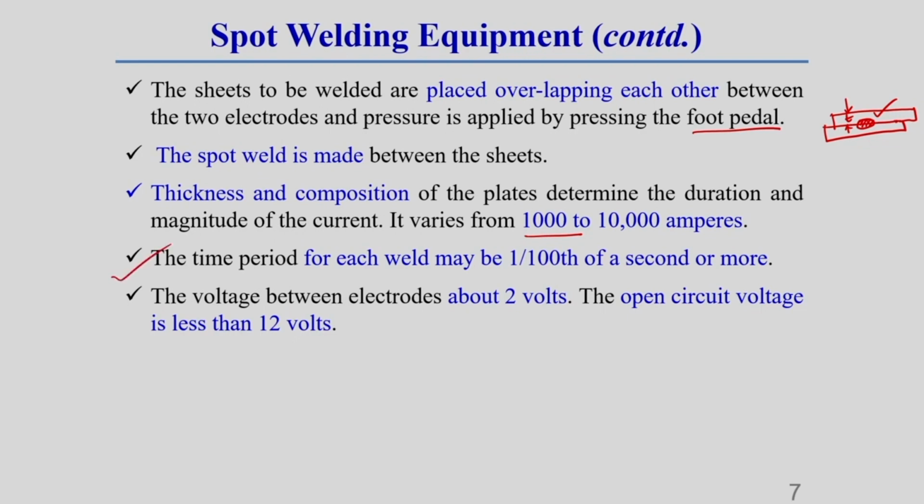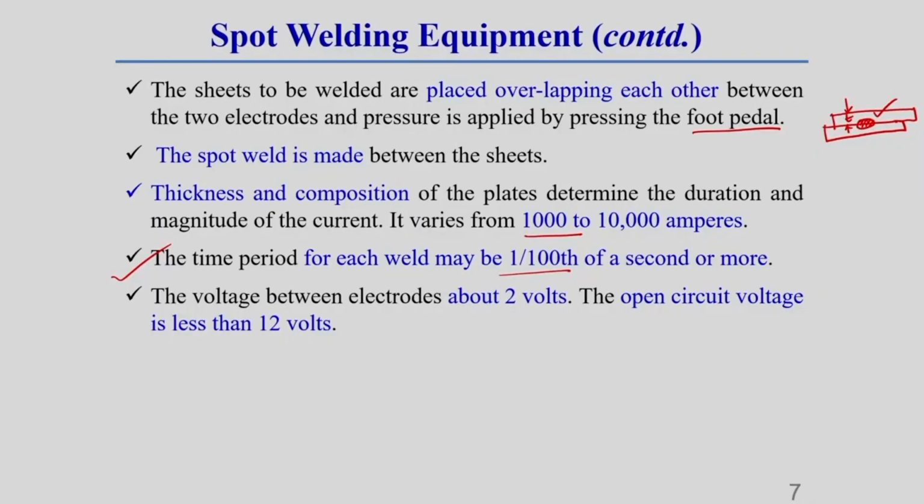And here the time period is a very critical part of the resistance spot welding process, because the higher the time, the more heat generation, as I have already shown you with Ohm's law how time affects heat generation. Generally the time used can vary from 1/100 of a second to more than that. And the voltage used here is comparatively very low.